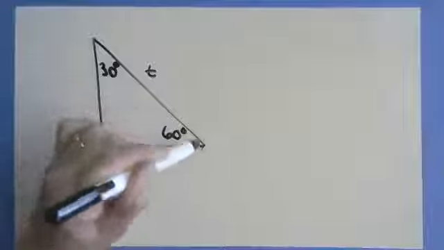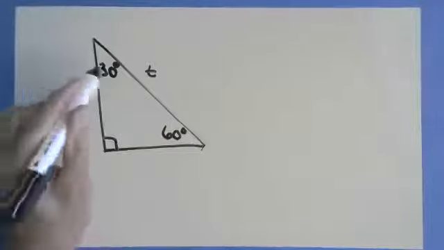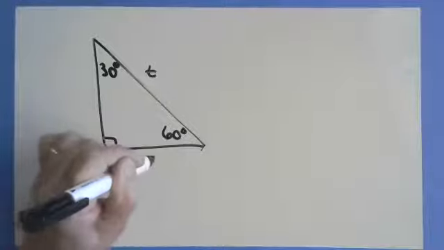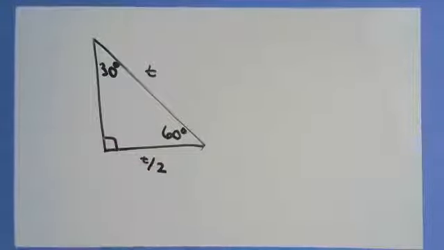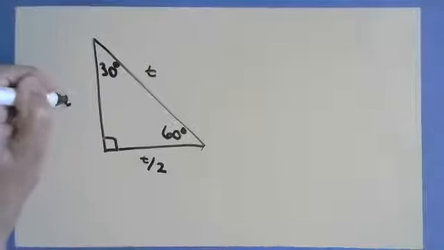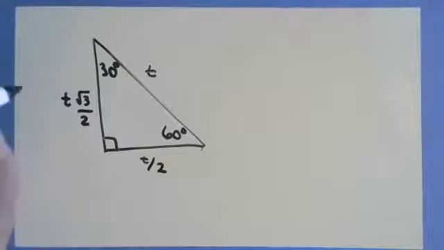This side, T, was one of the original sides from our equilateral triangle. We saw that splitting the equilateral triangle made this side T over 2. And then we used the Pythagorean theorem to show that the length of this leg is the square root of 3 over 2 times T.